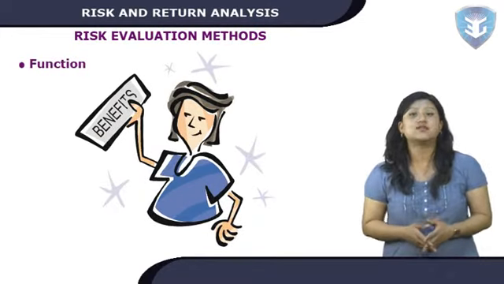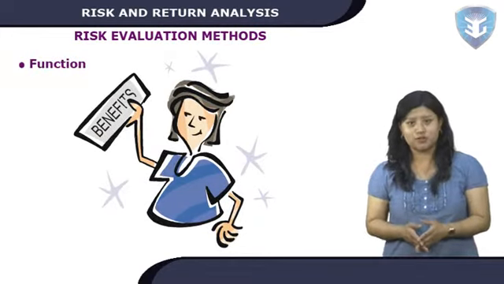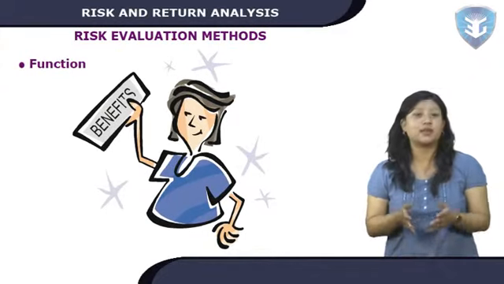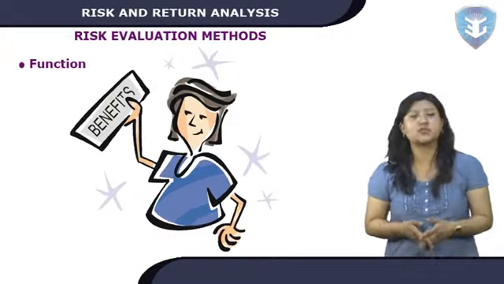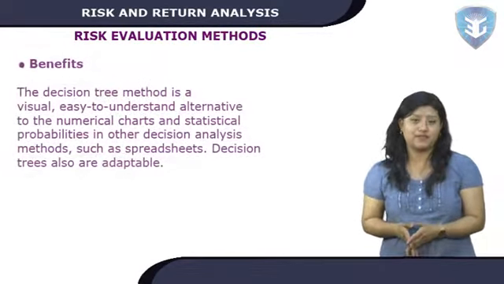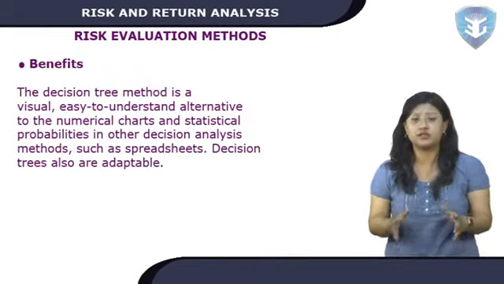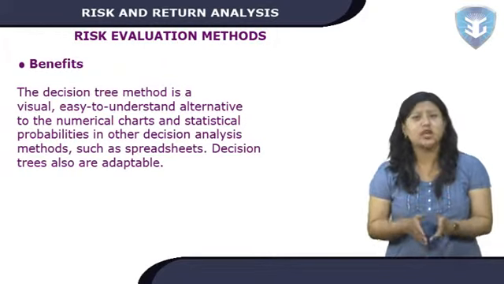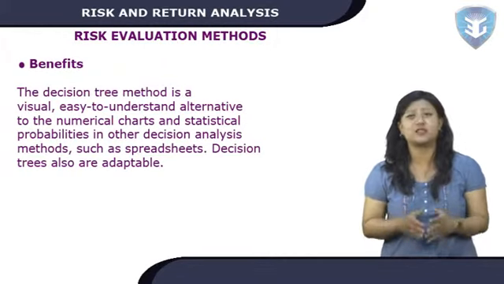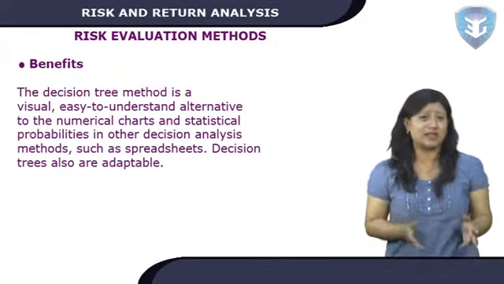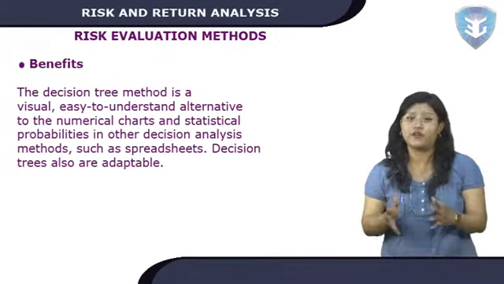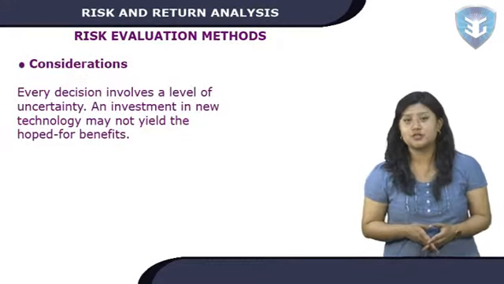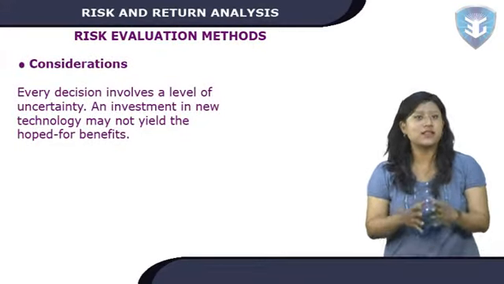Function. Decision makers can use the decision tree method in medical diagnosis, game theory, engineering, public policy analysis, business management, and much more. The benefits. The decision tree method is a visual, easy to understand alternative to the numerical charts and the statistical probabilities in other decision analysis methods such as spreadsheets. Decision trees also are very adaptable. Considerations. Every decision involves a level of uncertainty.